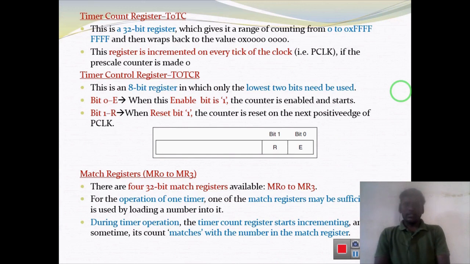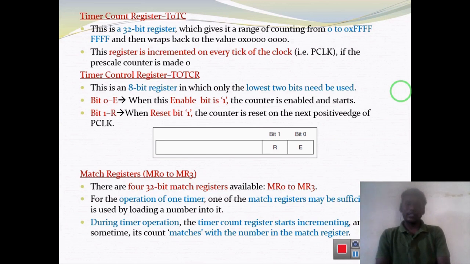The next register we have is the timer control register. The count register value increases with respect to the clock signal, and in the same way the control register is activated whenever a match occurs. The register size is only 8-bit, and only the lowest 2 bits are used to generate the control signal.